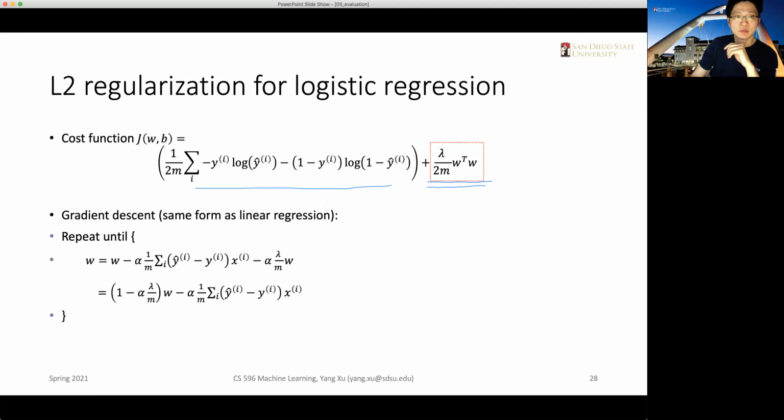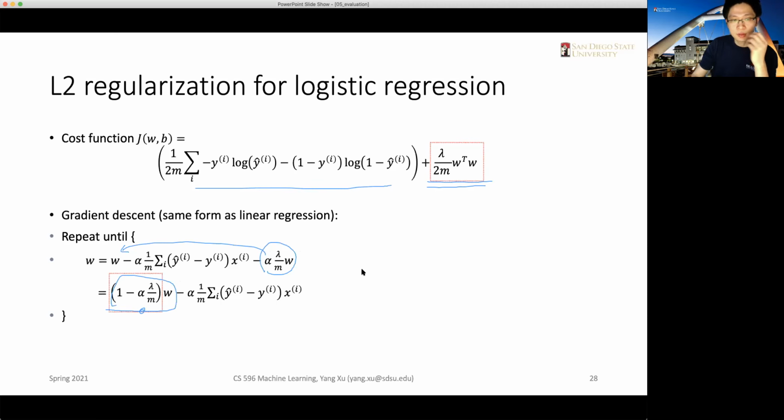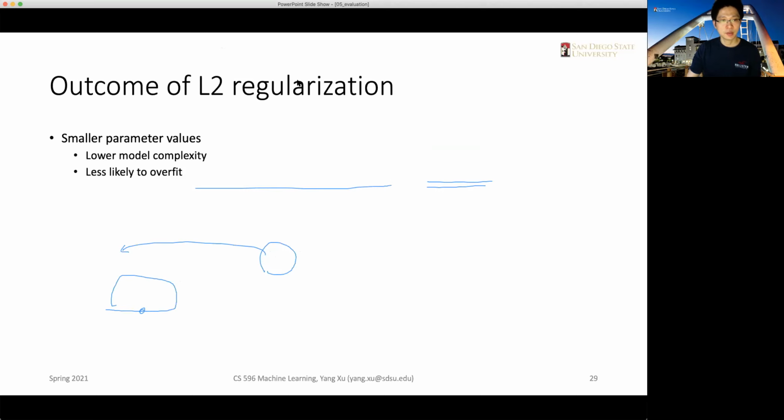This part can be combined with w, and this is the new value for w, which is smaller than 1. And the lambda can be tuned: if we want the regularization effect to be small, then we should use a smaller lambda.